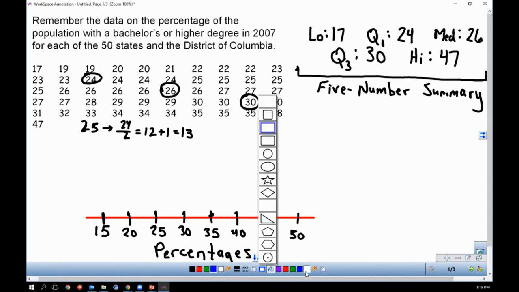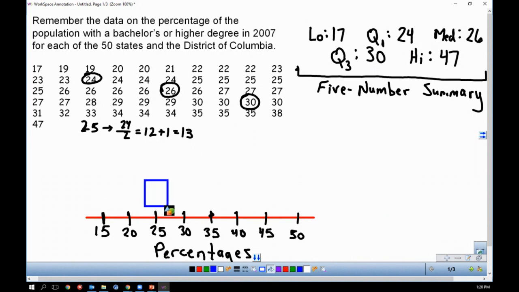Yep, that's what I want. I'm going to start at 24 and draw a box all the way to 30. It's actually a little bit further, but hopefully y'all get the idea. 24 to 30.